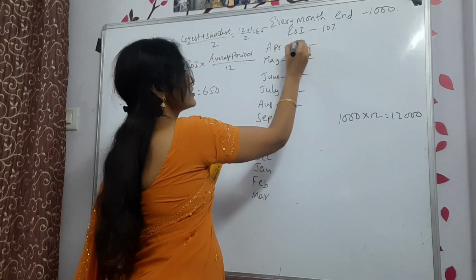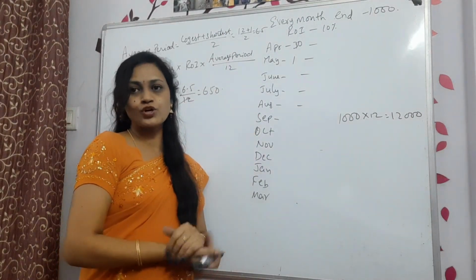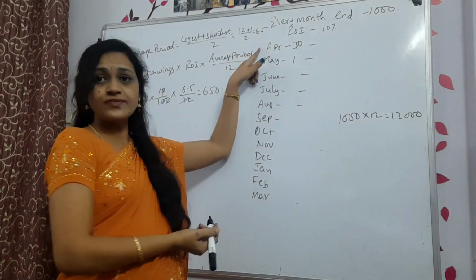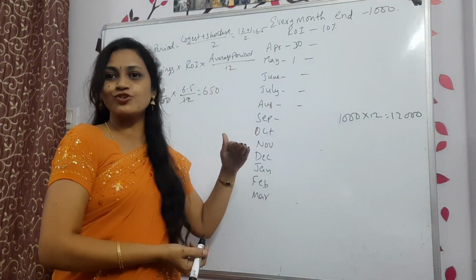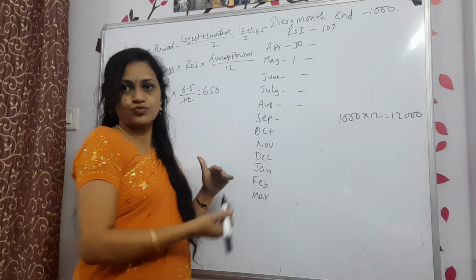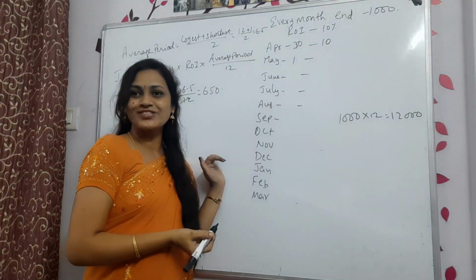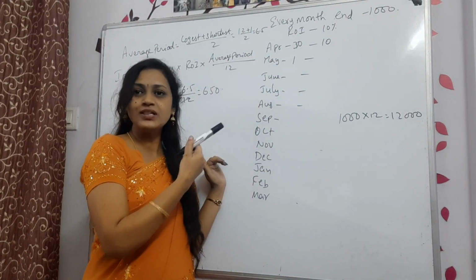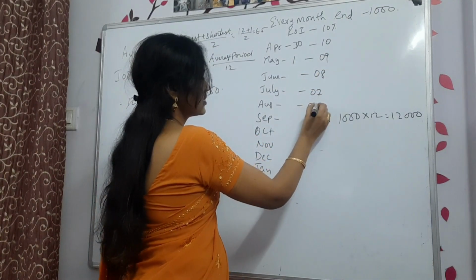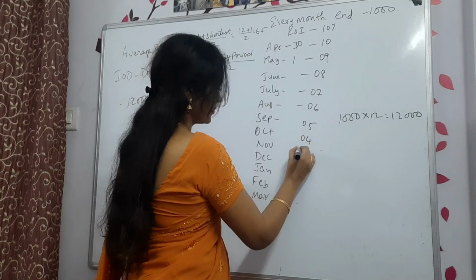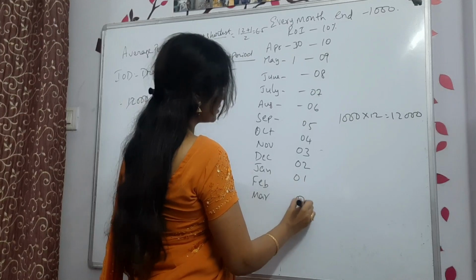On April 30th I have withdrawn the first amount. So will the April month come? No, right? From May only we will be calculating, because on April 30th you have withdrawn. So in April you didn't use that amount. So from May onwards we have a total of 11 months.